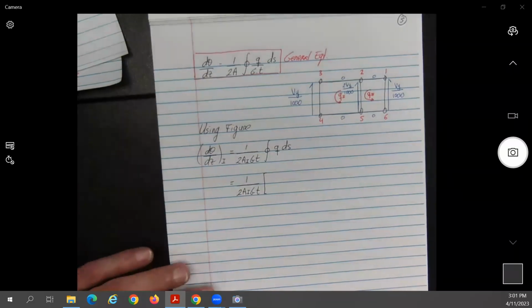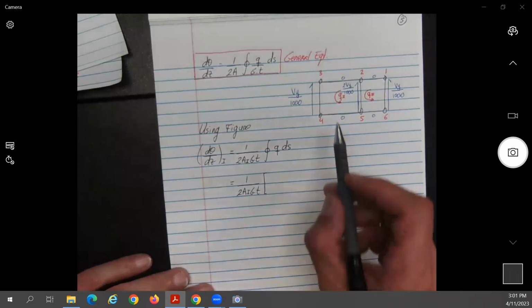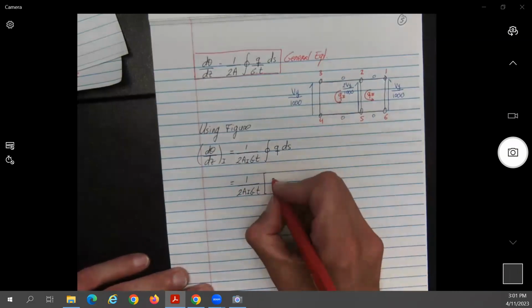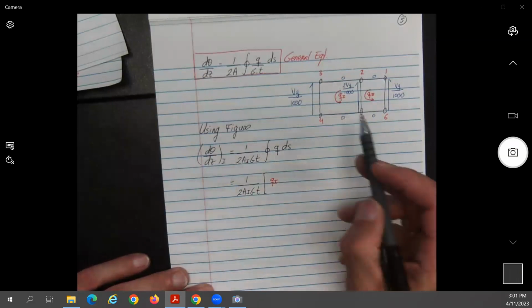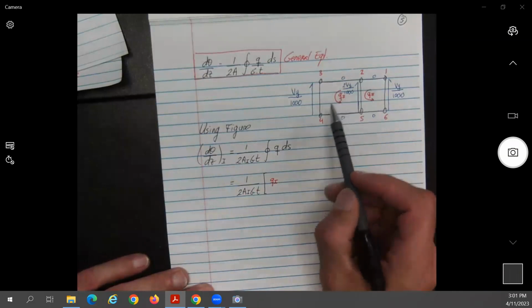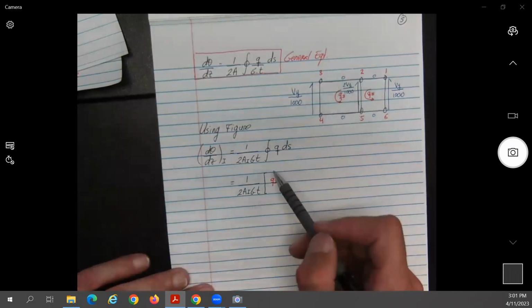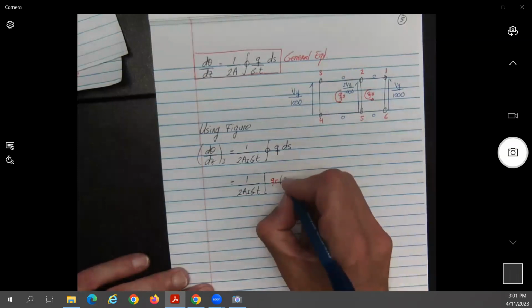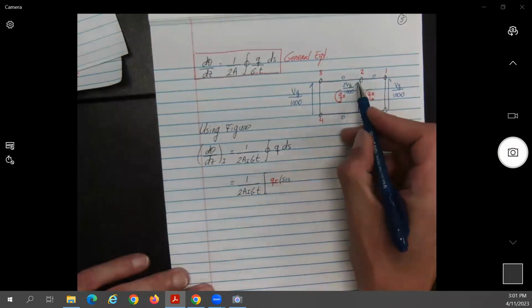So let's see, Q1 over here. There's different ways to write it down. Q1 over here is going to go through what? It's going to go through S23, no?